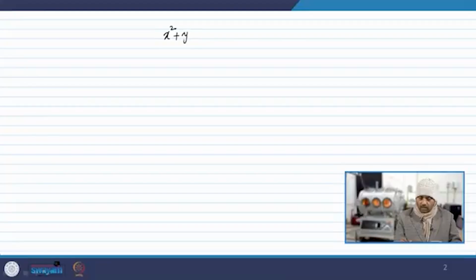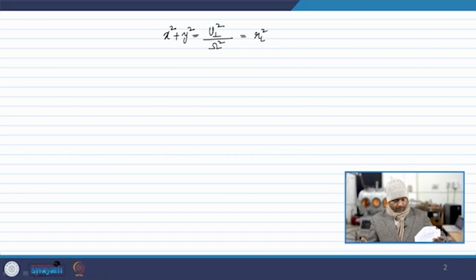So, if I remember correctly, we have x square plus y square is equal to v perpendicular square divided by omega square, which is equal to RL square, right. So, this is the equation of a circle, right. So, the particle is moving in such a direction, and from here we have also derived what is RL.